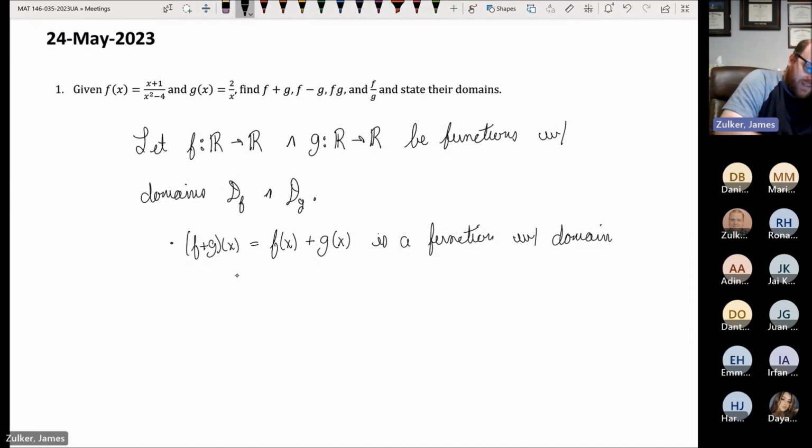And its domain is the intersection of the domains.